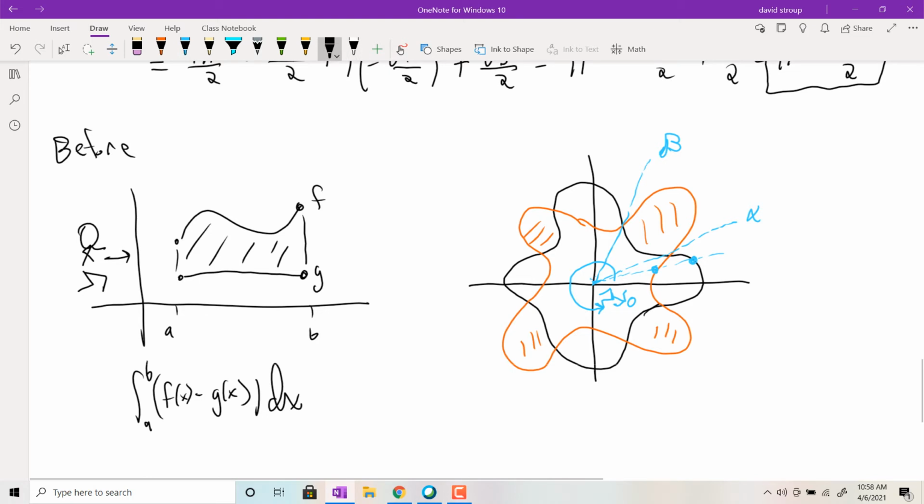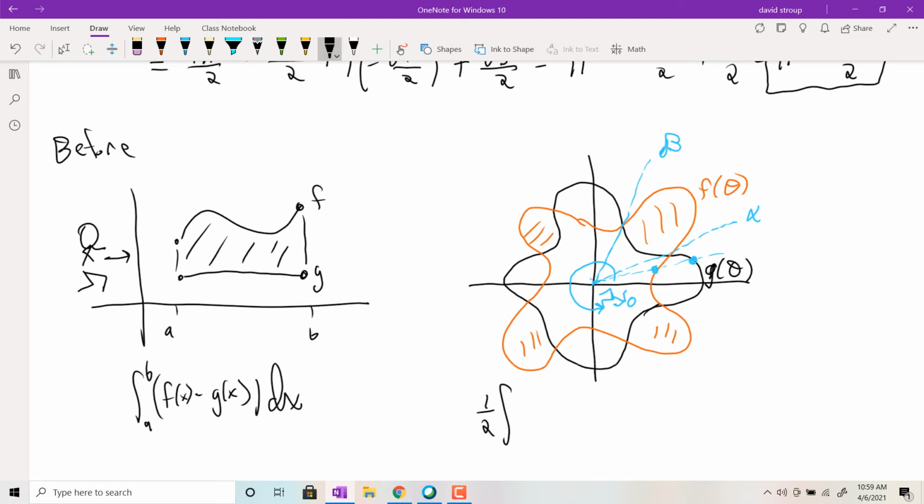So you just play it like you did before. You go the top curve, and let's give these guys names. The black curve we'll call f of theta, or maybe g of theta, just to be consistent with the other picture. And the red curve we'll call f of theta.